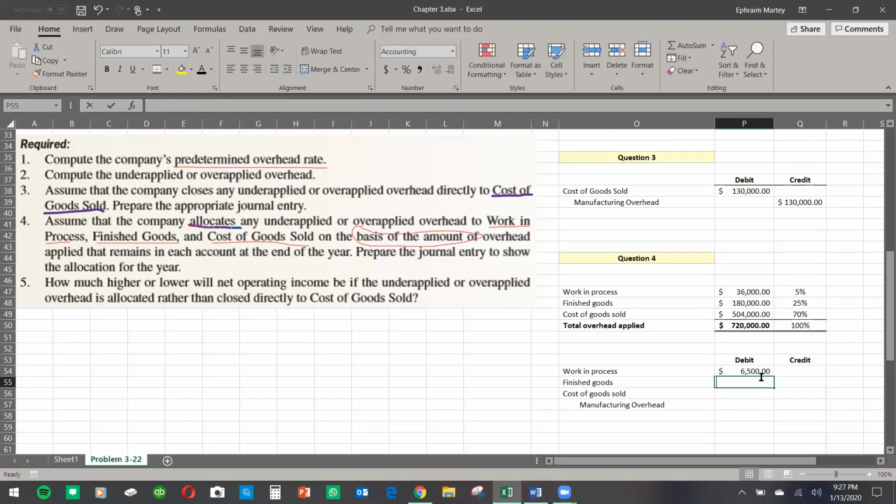Okay, let's put the 130,000 here. Manufacturing overhead cost was 130,000. So we're just bringing it down here, and then 5% times 130,000 will still give us 6,500. 25% times 130,000. This one 70% times 130,000.